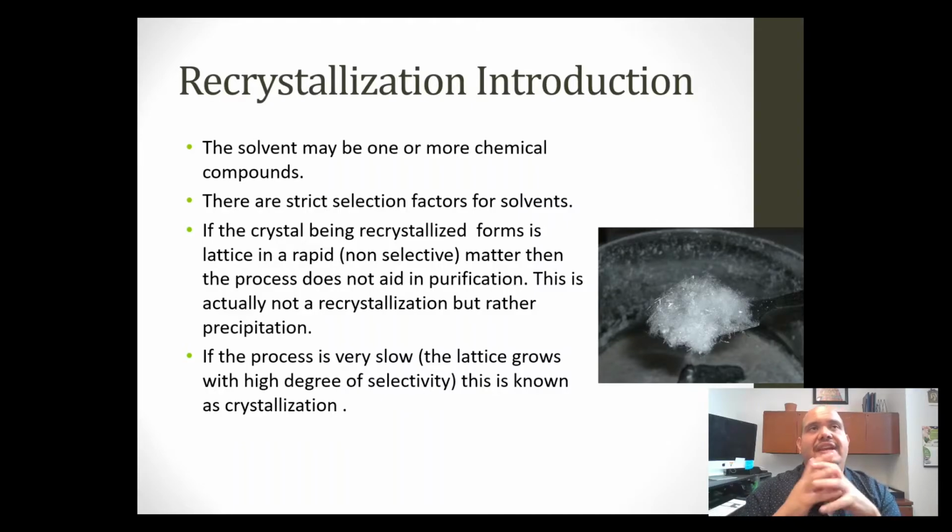For example, if I take a crystal in solution, and rather than let it seed and grow at room temperature, I shock it in an ice bath, it takes all of the crystal seeds or lattices and forces them together really quickly. Whereas over time, the scaffold forms very, very slowly, and it can actually exclude the impurities that were trapped in the lattice.